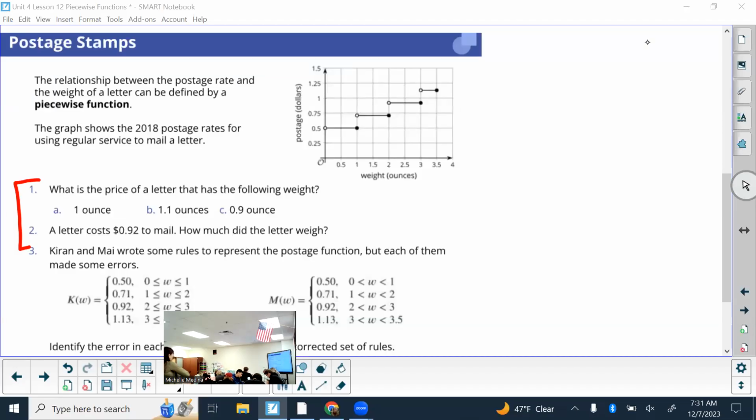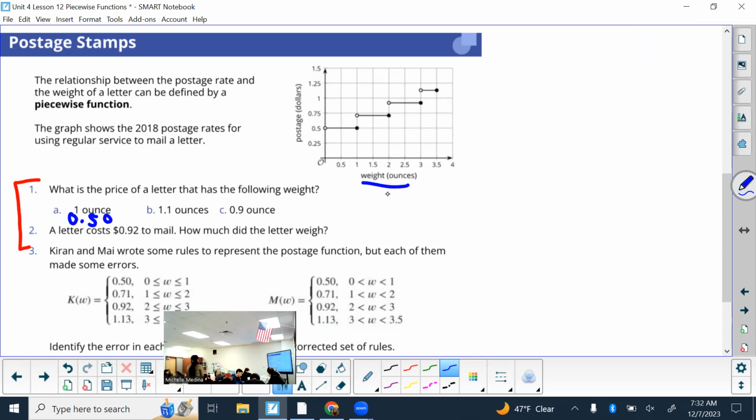Table 5, what is the price of a letter that has 1 ounce? Sorry, one more time. 50 cents. Do you guys agree? Okay, so this would be an input, and I know that because it's on my x-axis as a label. If my input is 1, see where the 1 touches on the graph.